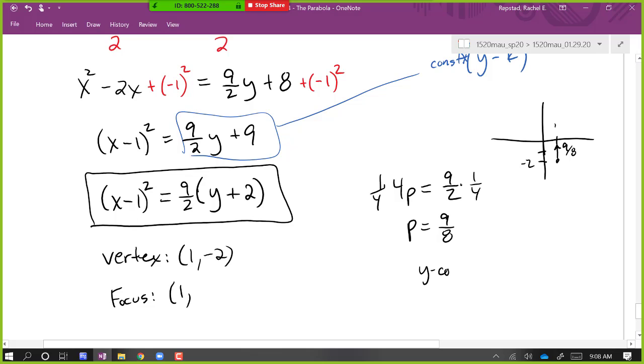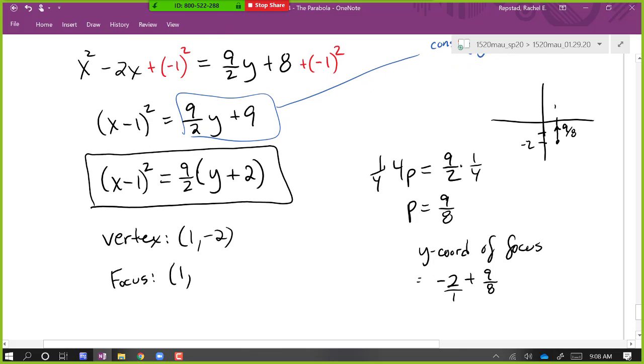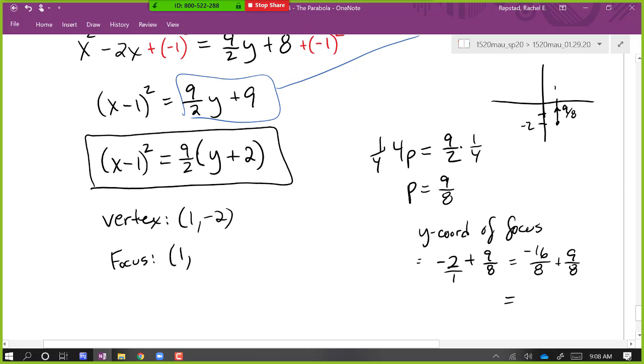The y-coordinate of the focus I'm going to get by taking my vertex y-coordinate, -2, and then adding 9/8. So -2/1 plus 9/8 is -16/8 plus 9/8, which is -7/8, I think. And there's our vertex and focus.